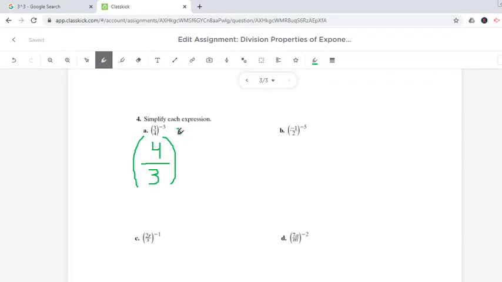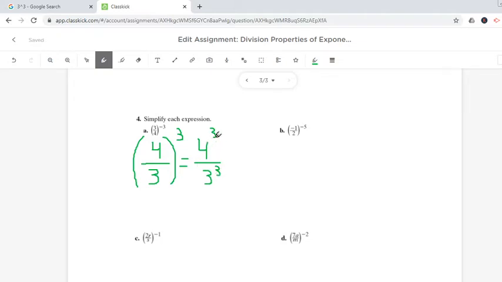And we'll make a positive exponent, to the third. All right. Now, it's 4 cubed over 3 cubed.